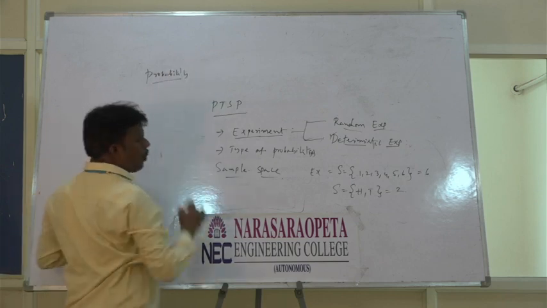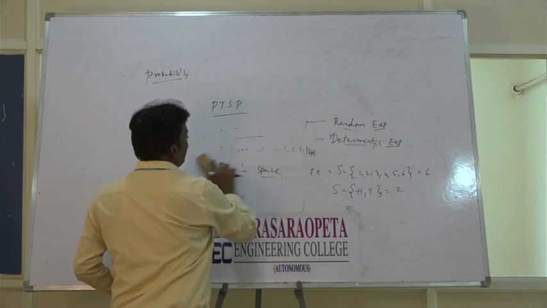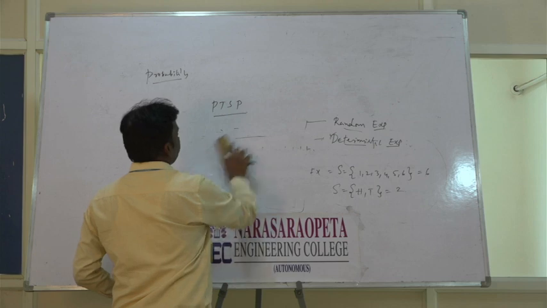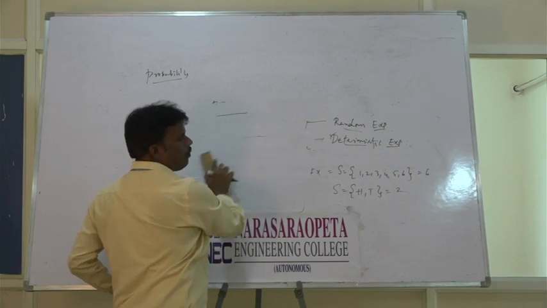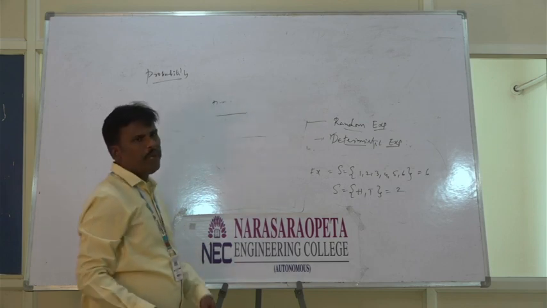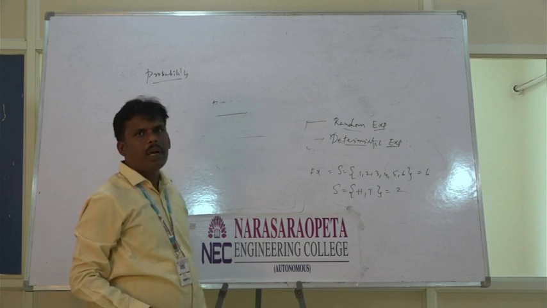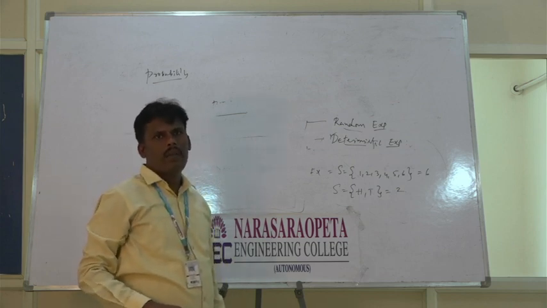What do you mean by probability? Probability is a mathematical concept to measure the degree of certainty or uncertainty, the occurrence or non-occurrence of an event.